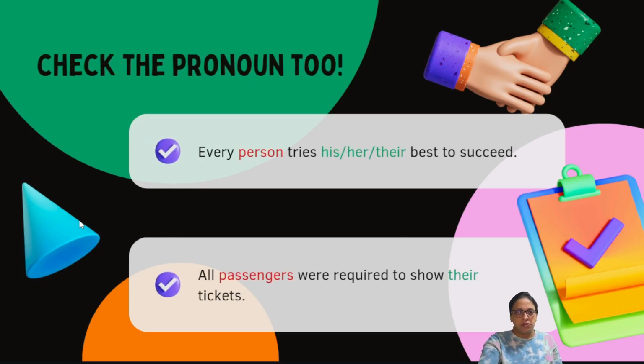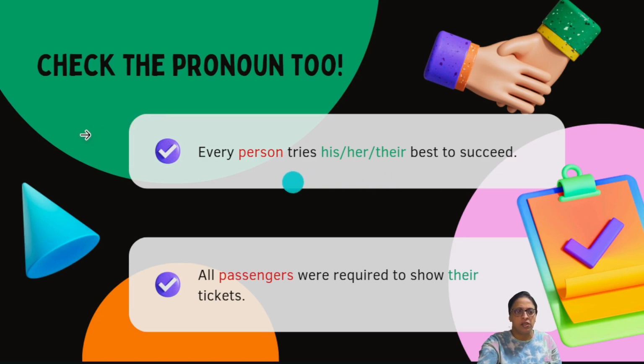Every person tries, what are we going to use here? Every person tries his, her, their, which one? Best to succeed. So let me tell you, earlier it was a very normal thing to represent the men whenever we are referring to any random person.